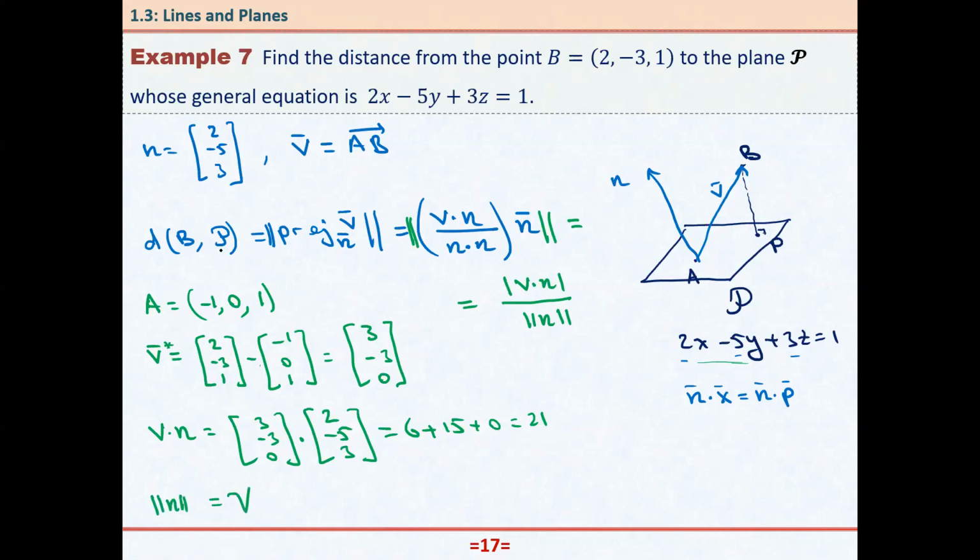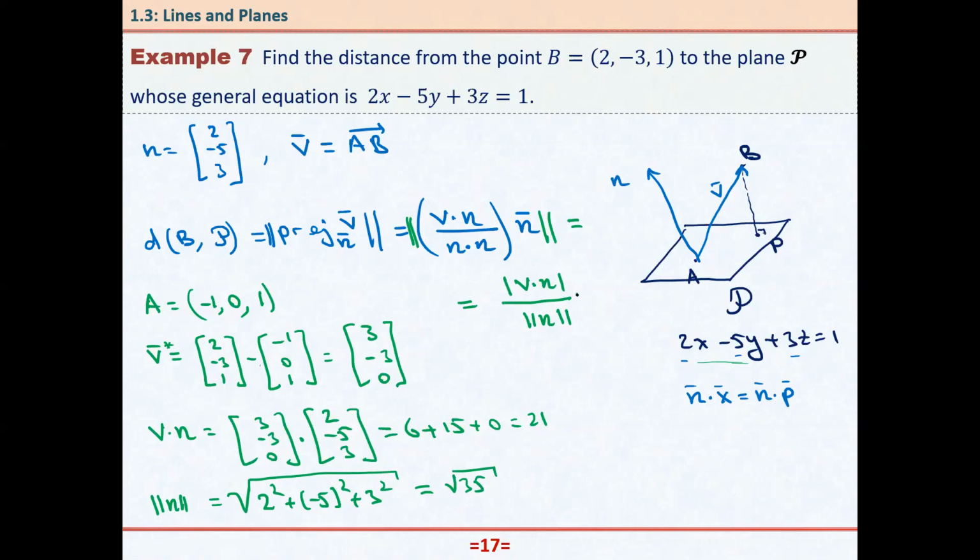Norm of n is equal to the square root of 2 squared plus (-5) squared plus 3 squared, which is equal to 4 plus 25, 29, plus 6, 35. Right?